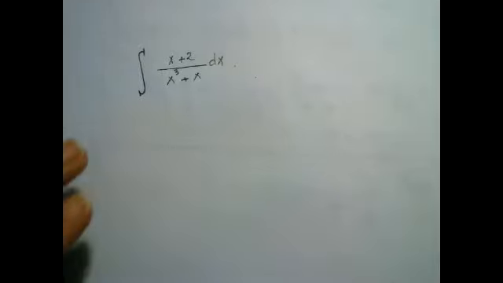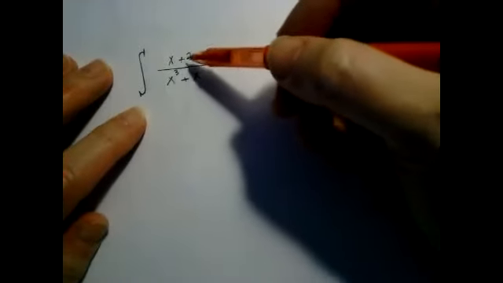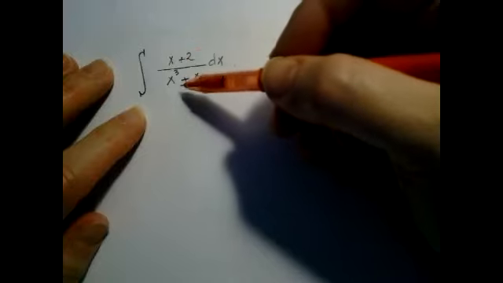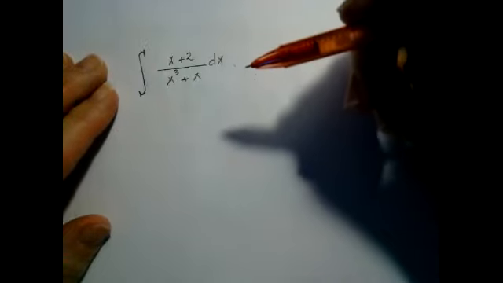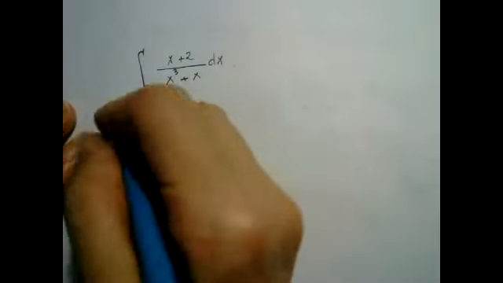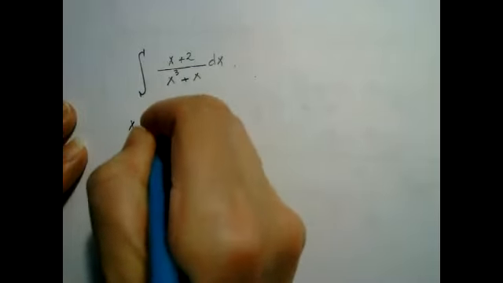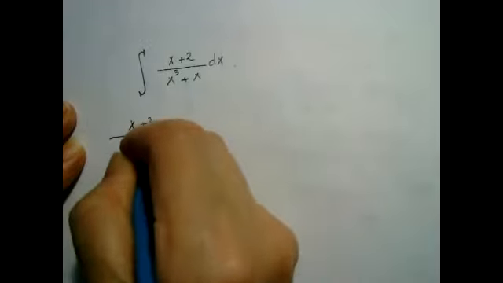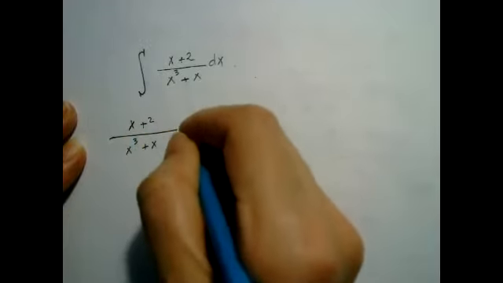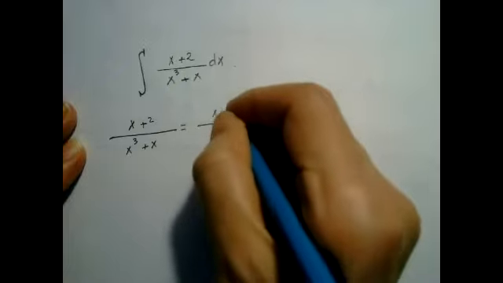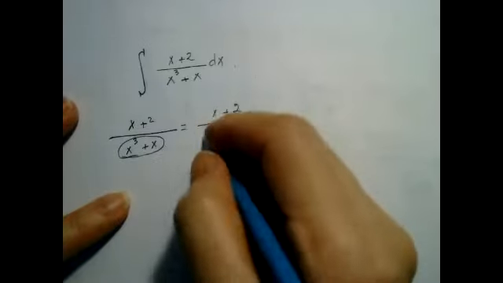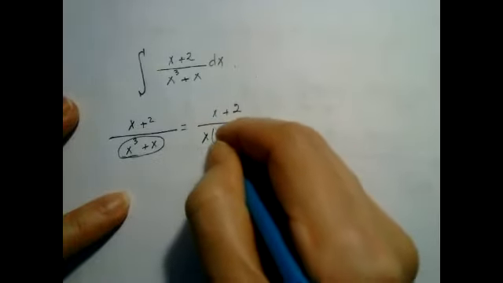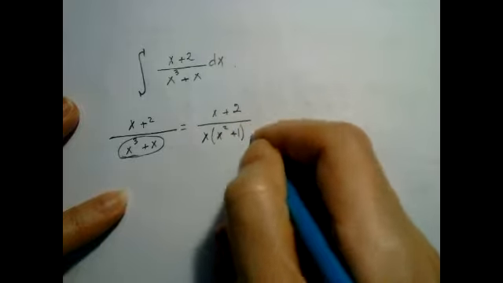So the approach is, again, that's a polynomial, and that's a polynomial. As we said, substitution totally failed in this case as well. So we do partial fraction decomposition. And the first step in a partial fraction decomposition is to fully factor the denominator: x times x squared plus 1.